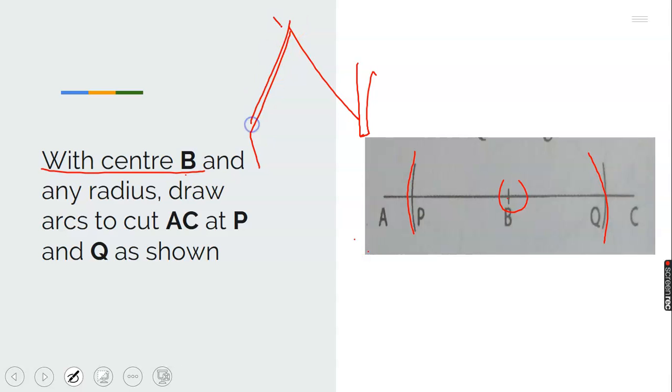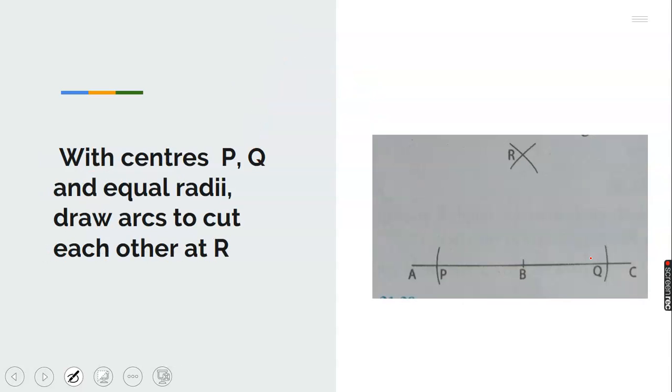Open your compass to any convenient radius. Now, with center B and any radius, put the sharp end here and mark P, then turn around again and mark Q, as shown.